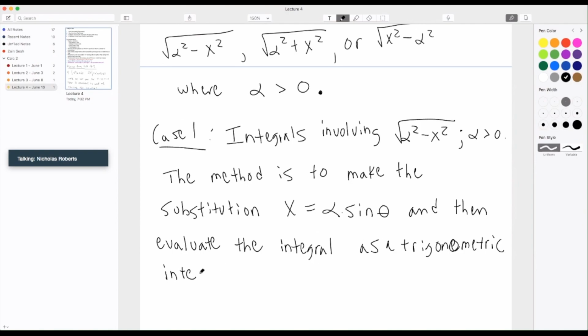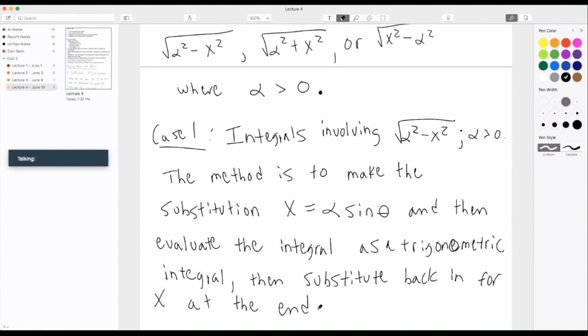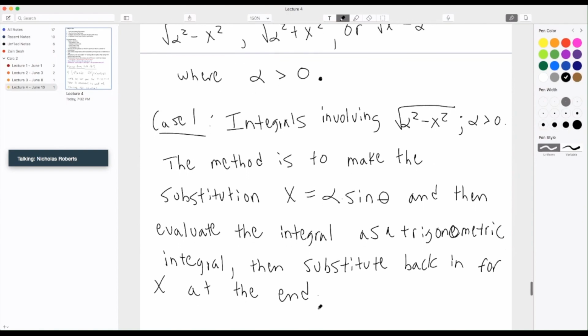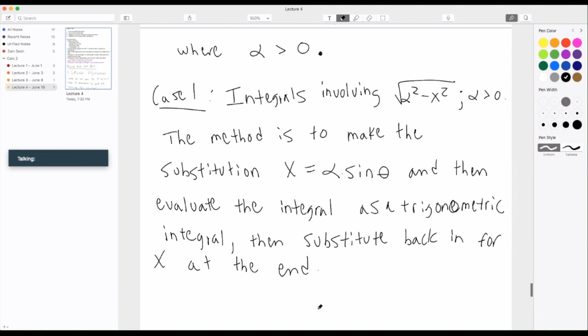Then substitute back in for x at the end. That is the general intuition of what we're going to be doing.